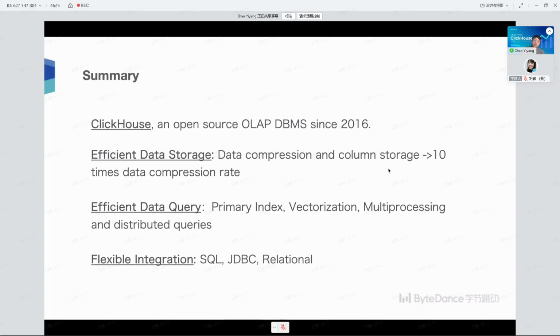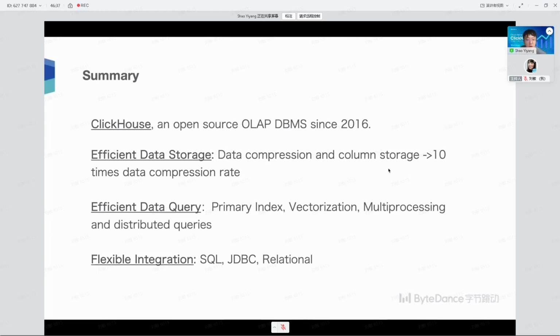Okay, and then I will give a quick summary of my talk. ClickHouse is an open source OLAP DBMS. It has been developed since 2008 and open sourced in 2016. It has very efficient data storage, as I explained.